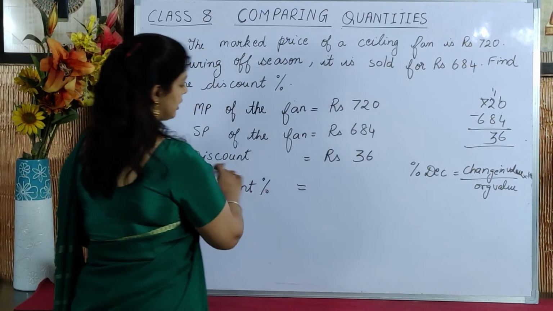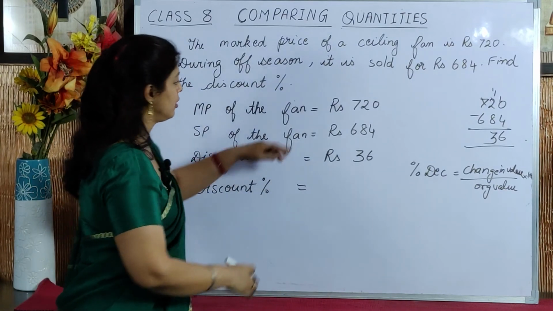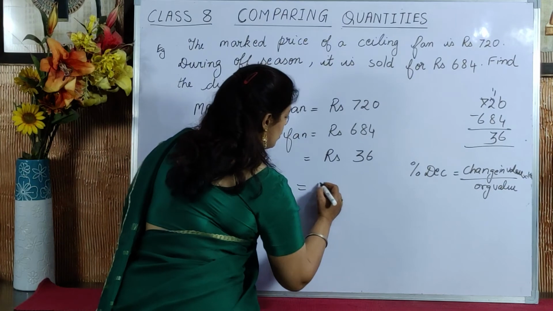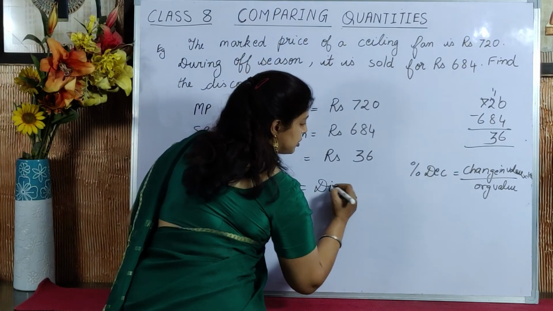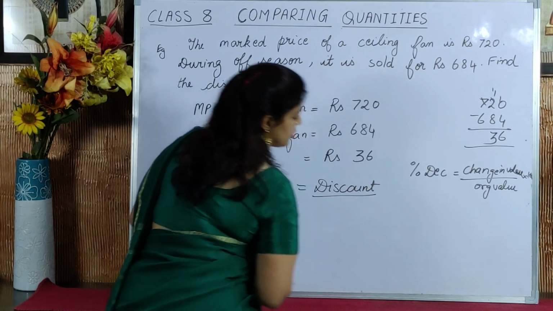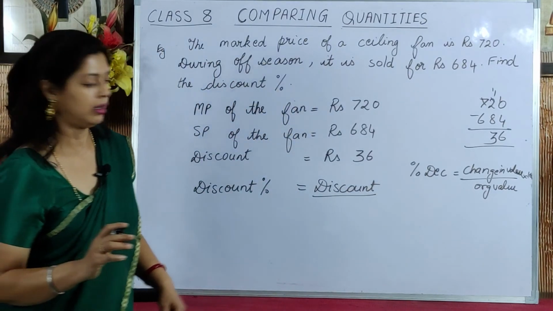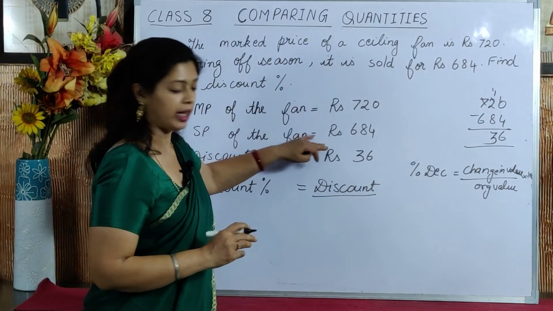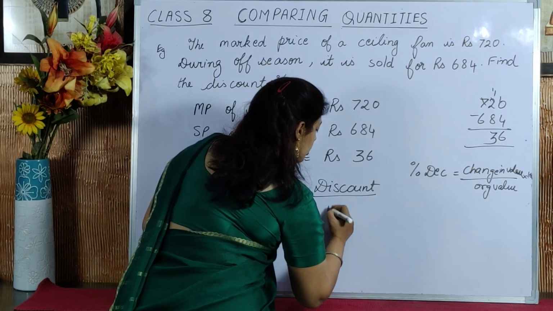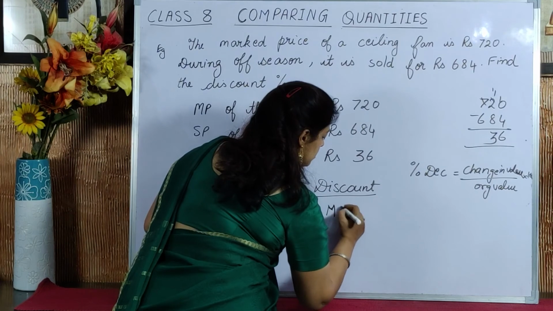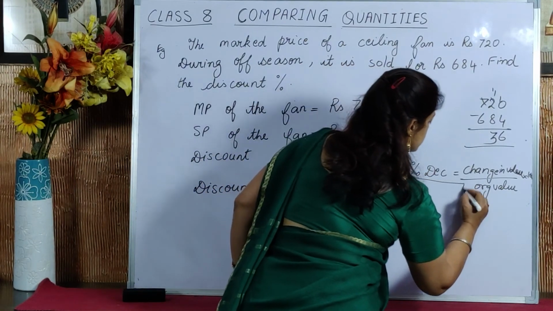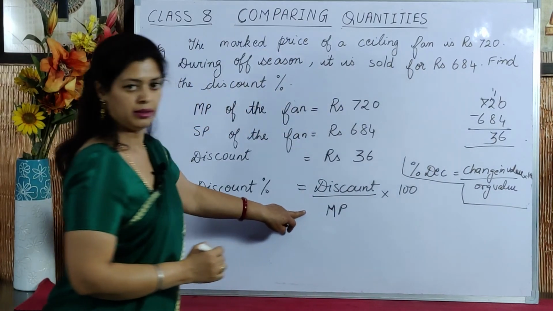Change in value is nothing but the discount which we have got by subtracting mark price minus the sale price. So instead of change in value, you can write this as discount also. Discount also is nothing but the difference between the original and the new value. So discount upon original value or the mark price multiplied by 100.